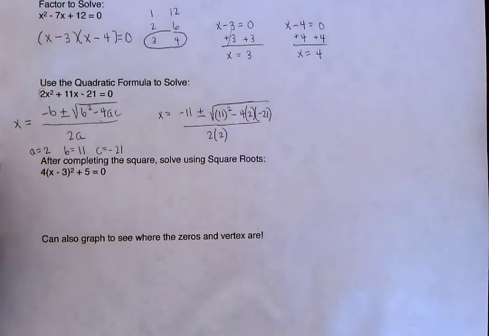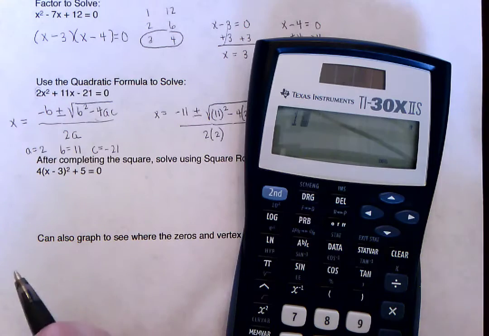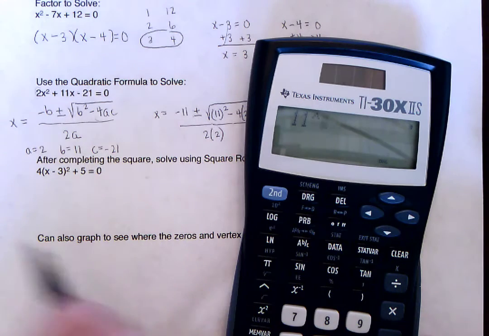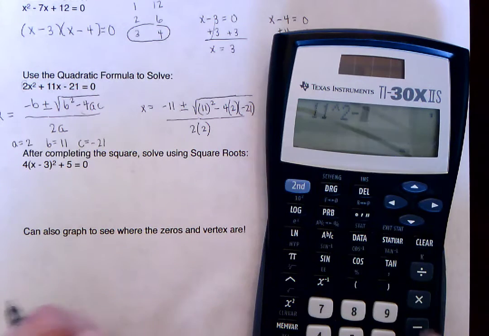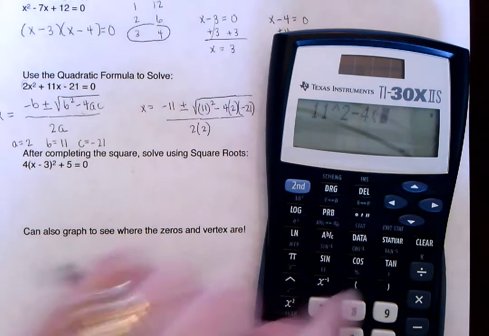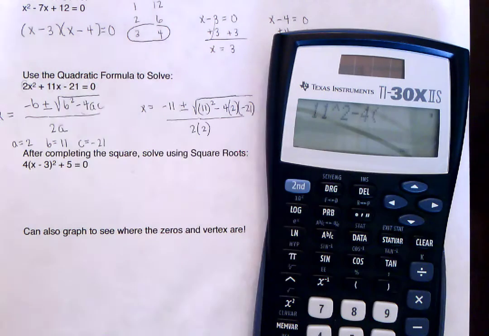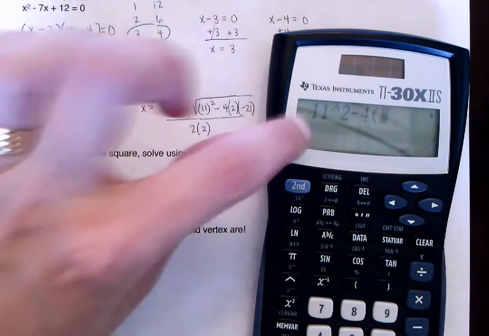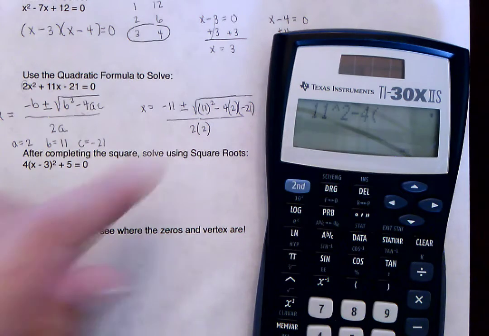So if you were to just put this in your calculator, you would want to do 11 squared, okay? And then you'll do minus 4, and I'll put parentheses in here. I can actually put them around the 11, but since it's not negative, we don't have to worry about that. If it is a negative, put parentheses around that before you square it.